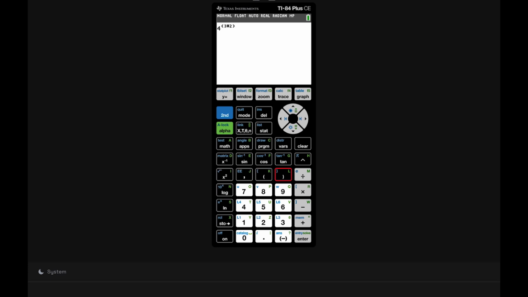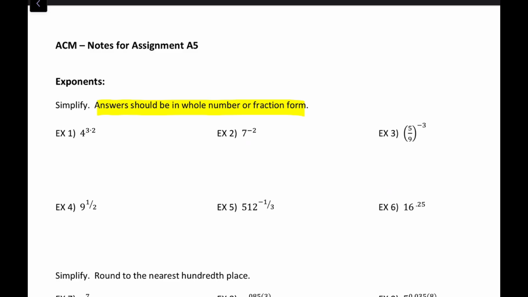If you have an 83, you have to have the parentheses. So keep that in mind, and we can hit enter. And that one just gives us a whole 4,096. So this one is 4,096, and it's done. Next, we're going to have 7 to the negative 2 power.